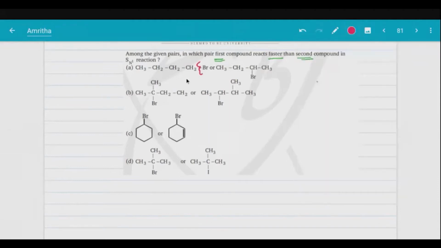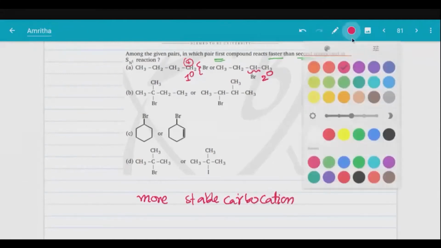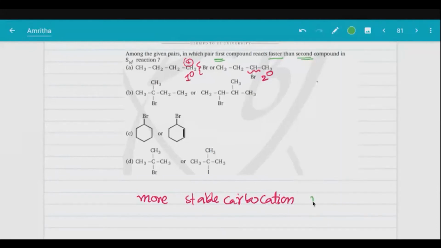So this will give primary carbocation here. But here it is secondary. More stable carbocation, more reactive it is. If carbocation is the intermediate, right? So if it is more stable, so more reactive.